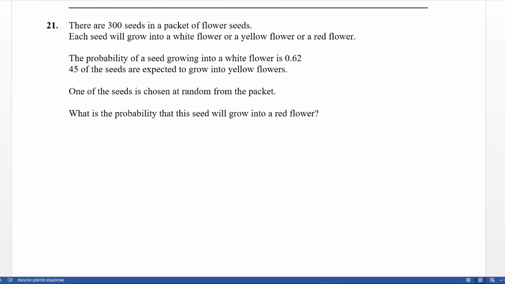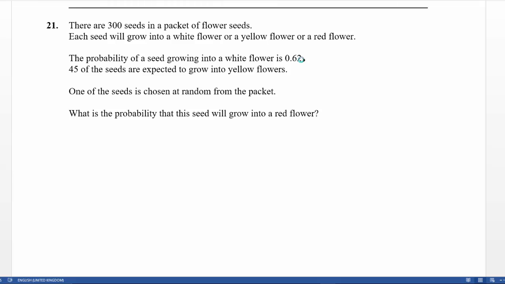The probability of a seed growing into a white flower is 0.62. 45 of the seeds are expected to grow into yellow flowers. One of the seeds is chosen at random from the packet. What is the probability that this seed will grow into a red flower?